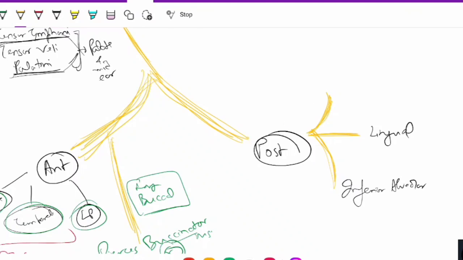And the first division is actually two roots which form a single nerve, known as AT, that is auriculotemporal. So your posterior division of the mandibular nerve is divided into three branches: auriculotemporal, lingual, and inferior alveolar.